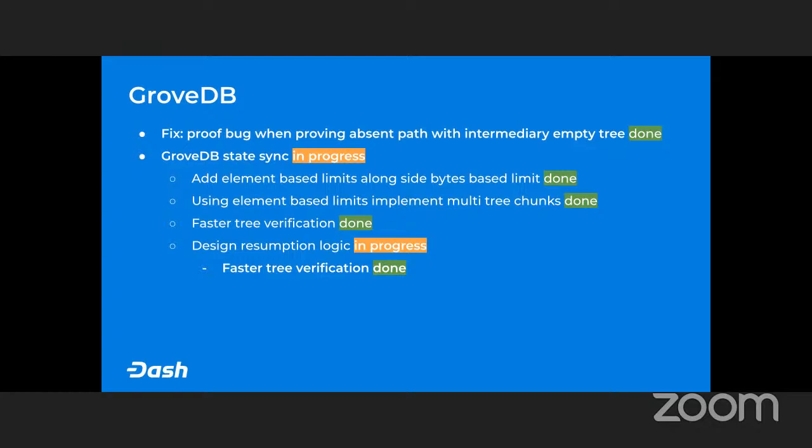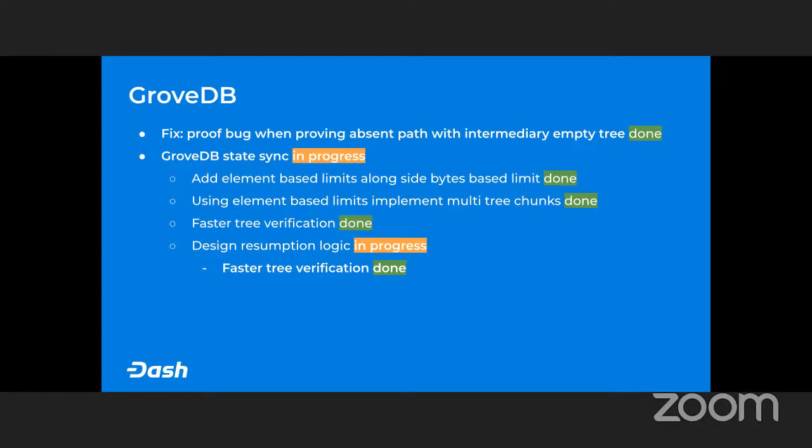one thing that showed was that we needed a faster way to do tree verification. So right now, the merge verify does a lot of things that are not really needed for the resumption logic. What we mostly care about is just the hash verification, so we don't need to do certain checks that we were doing before. That's specifically for the tree verification.